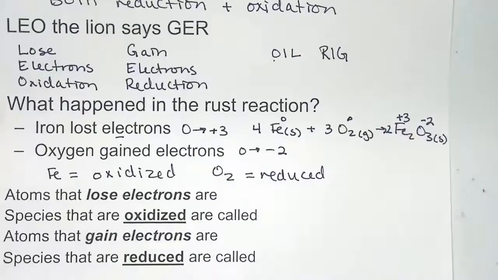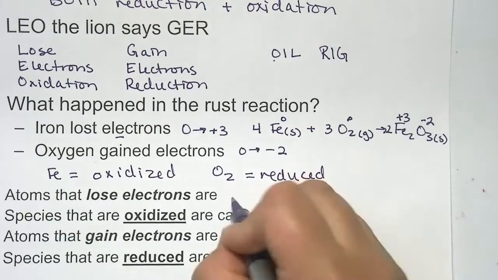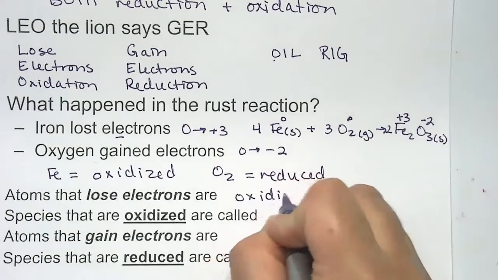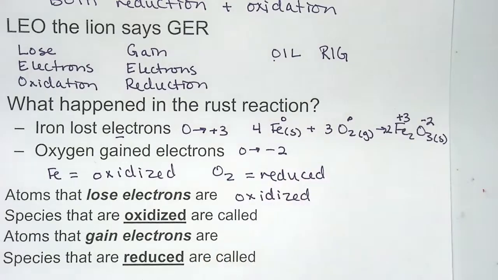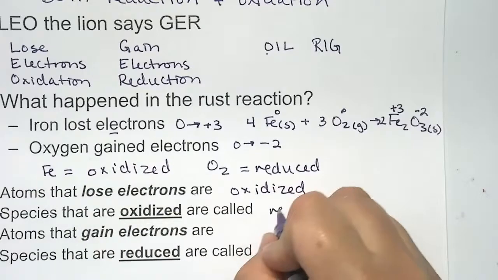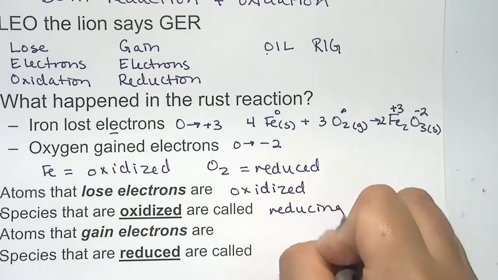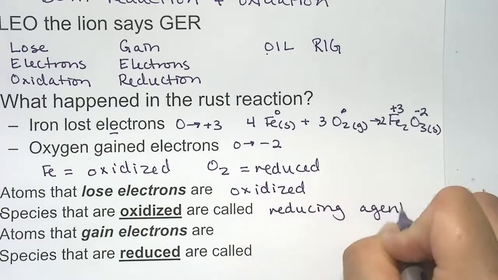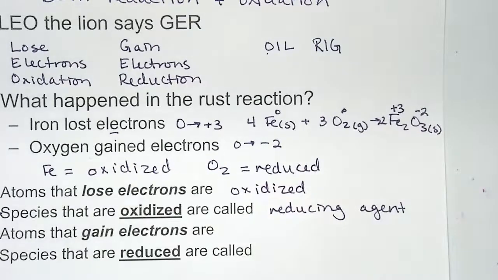So how do we talk about that? We say that atoms that lose electrons are oxidized, and that's what happened to our iron. But if something is oxidized, we say that it is the reducing agent because it made something else get reduced, right?